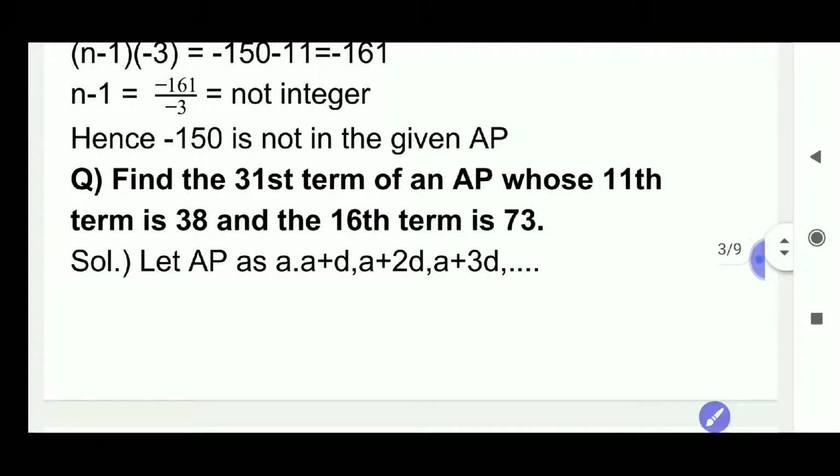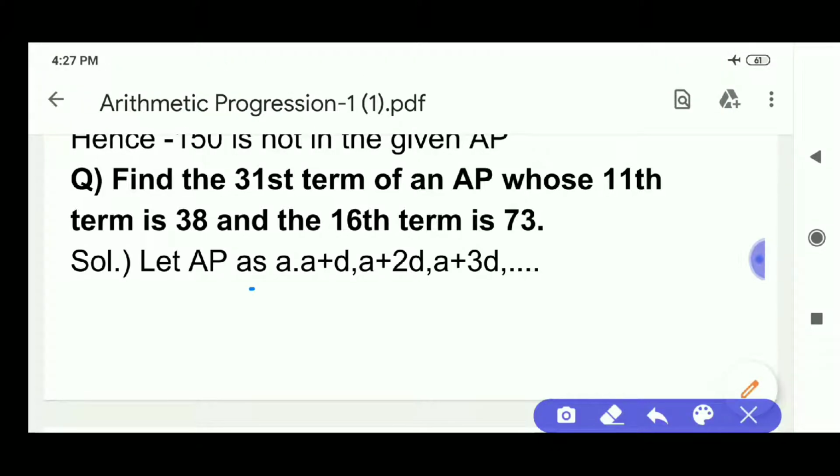Now, one more question. Find the 31st term of the AP whose 11th term is 38 and 16th term is 73. Let the arithmetic progression be a, a plus d, a plus 2d, a plus 3d, and so on.